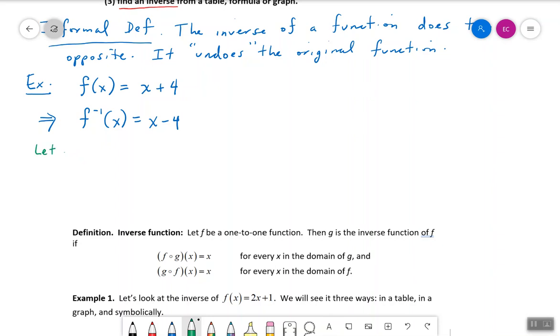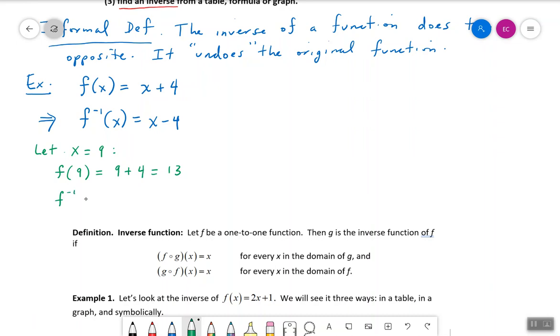If we let x equal 9, then what does the f function do? It adds 4 onto that. So we get 13. And so now the new function is supposed to do the opposite, or it's supposed to take you back where you began.